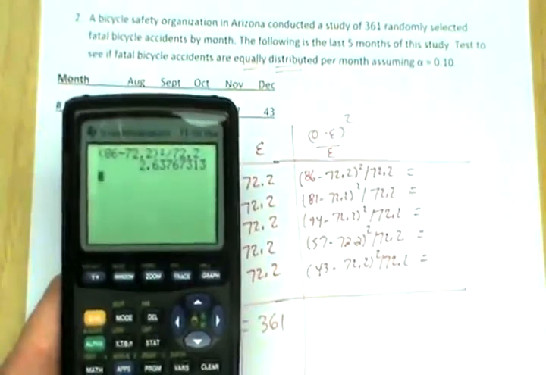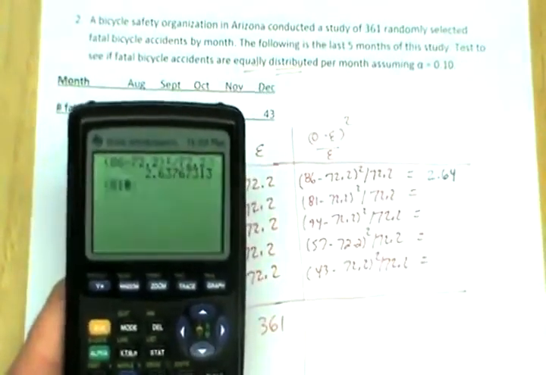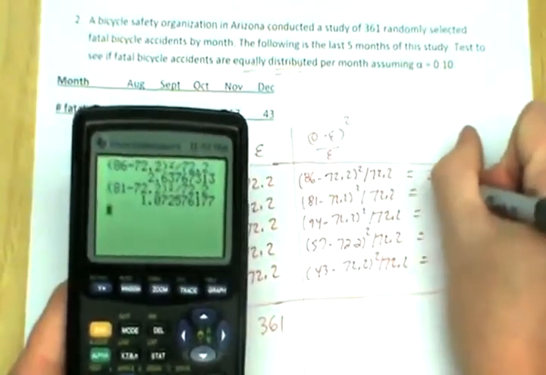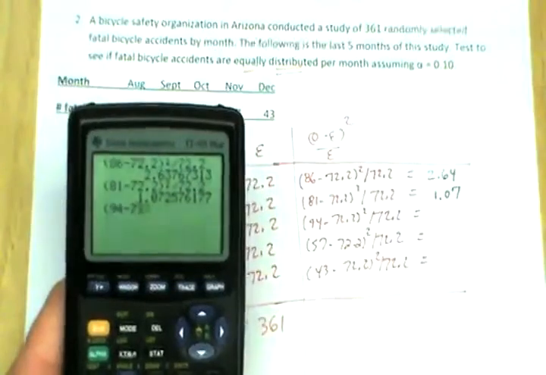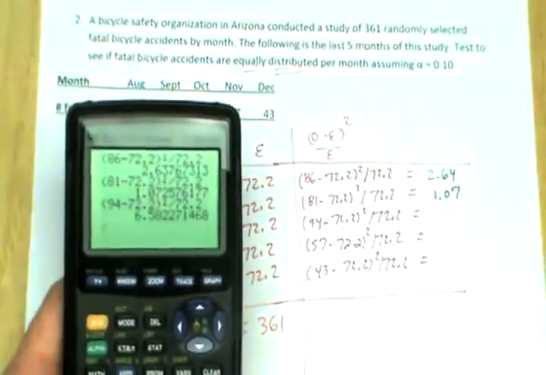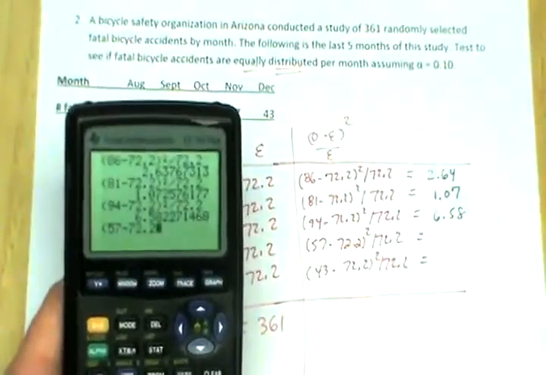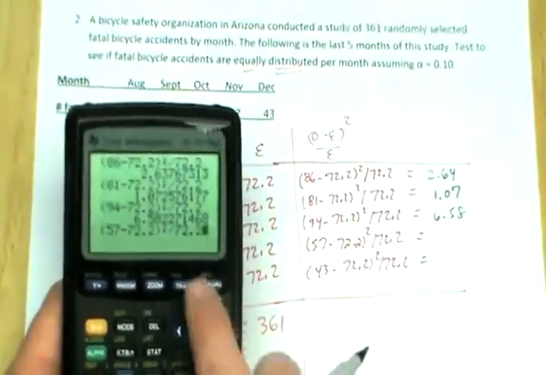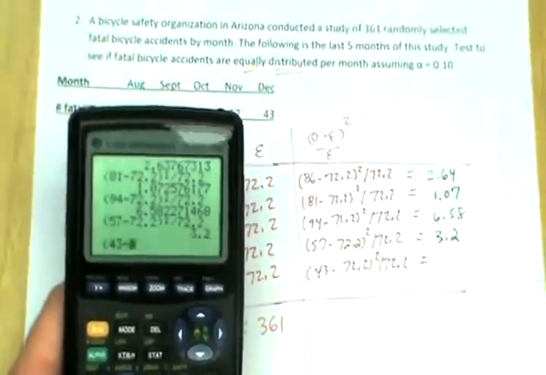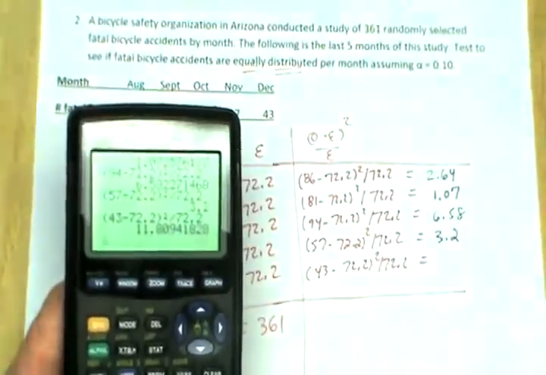This one's 2.64 if we round. 81 minus 72.2 squared divided by 72.2, 1.07. 94 minus 72.2 squared divided by 72.2, 6.58. 57, make sure the squared is outside the parentheses, 3.2. And finally 43 minus 72.2 squared divided by 72.2, 11.81.